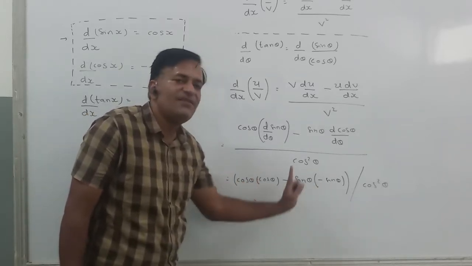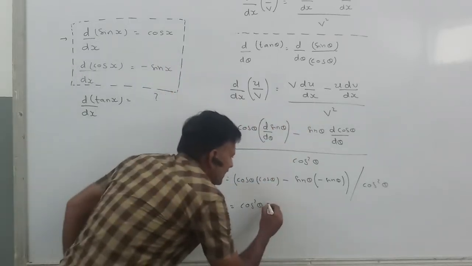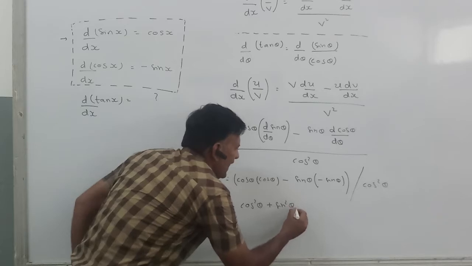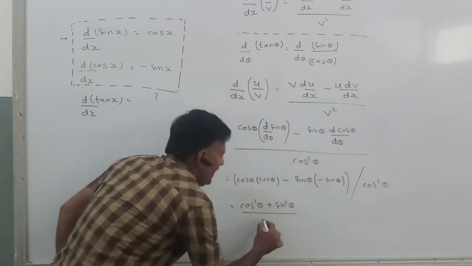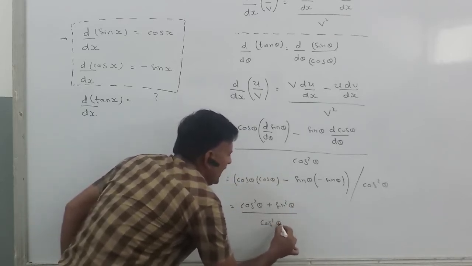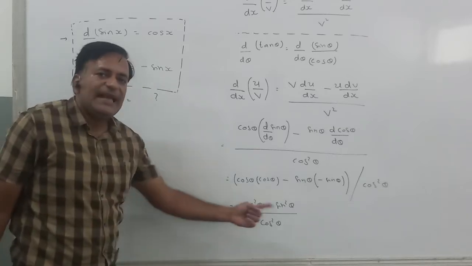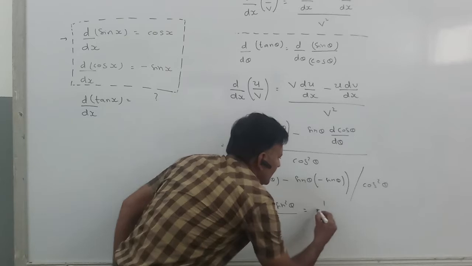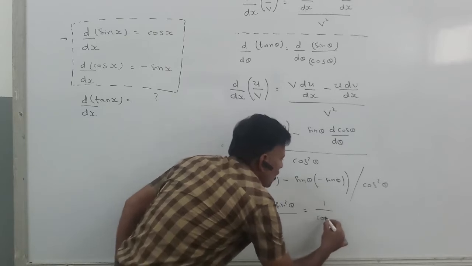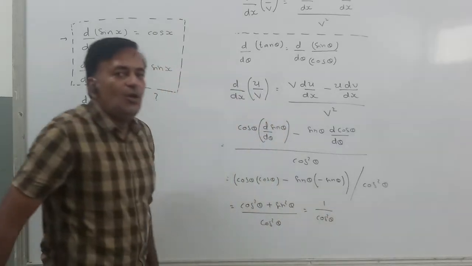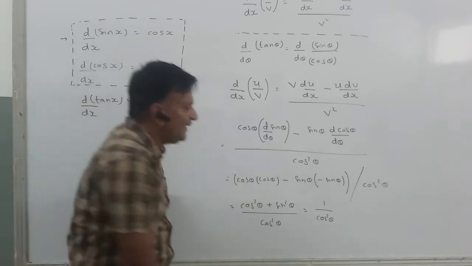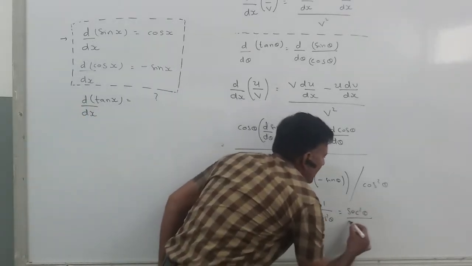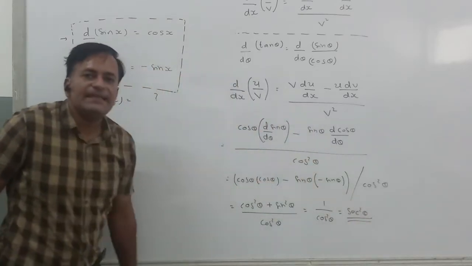This minus minus will change into plus. So plus sin theta into sin theta is sin square theta, and then divided by cos square theta. Now what is sin square theta plus cos square theta? It is equal to 1. 1 divided by cos square theta. What is 1 over cos square theta? It is sec square theta. This is the solution.